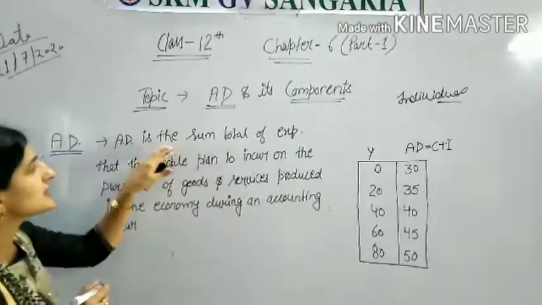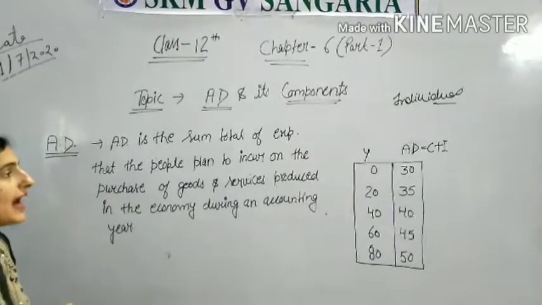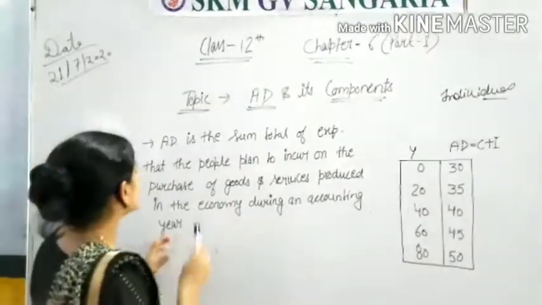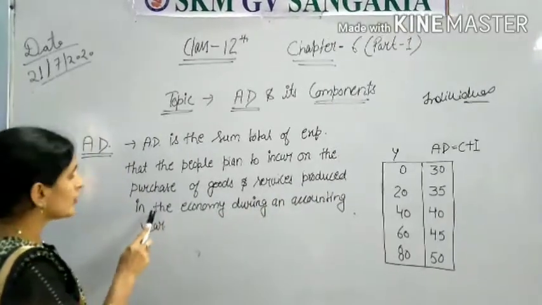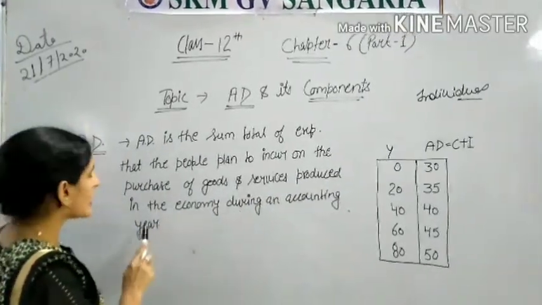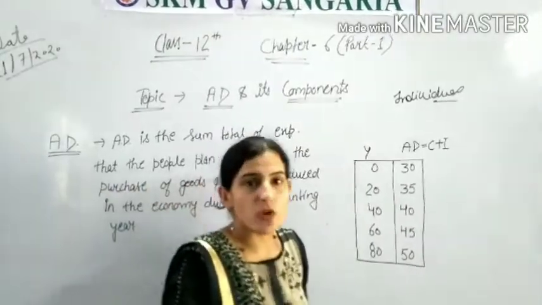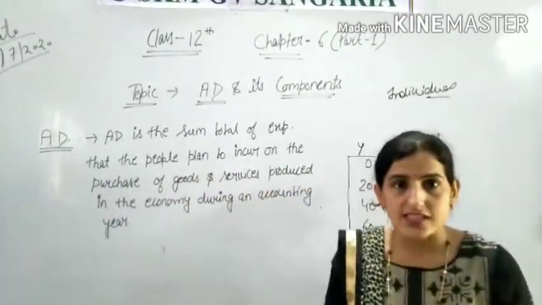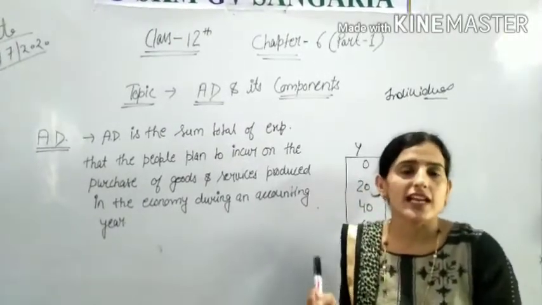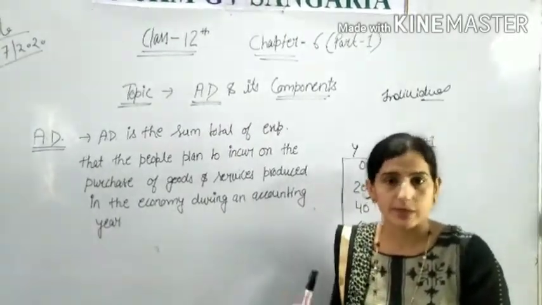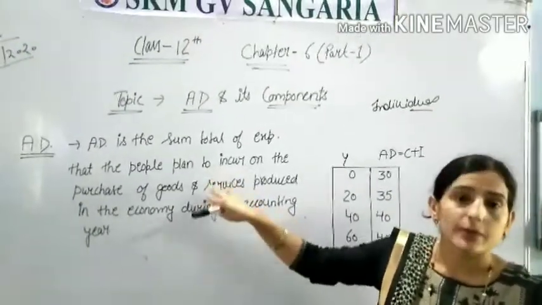Aggregate demand is the sum total of expenditure that the people plan to incur on the purchase of goods and services produced in the economy during an accounting year. It means the expenditure on goods and services done by the consumers in the economy during an accounting year is called aggregate demand.